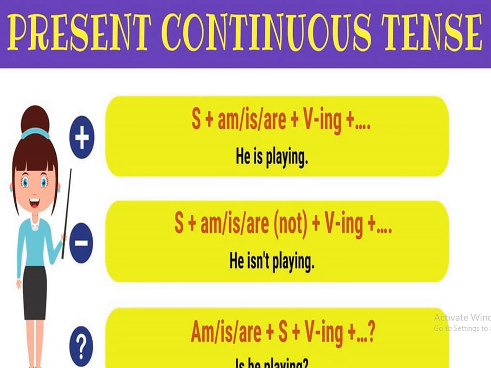And in the negative form, subject plus the helping verb, that is is, am, are plus not plus ing form of the verb and then the object, the rest of the sentence. In the interrogative sentence, we use the auxiliary verb or the helping verb first, that is is, am, are, then the subject and then ing form of the verb plus object.